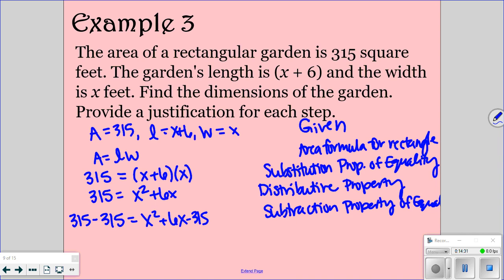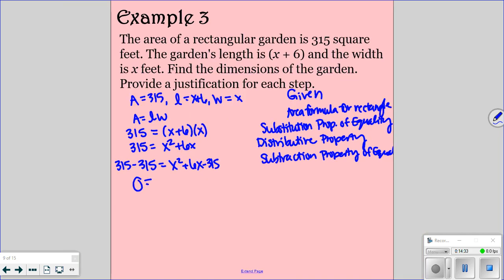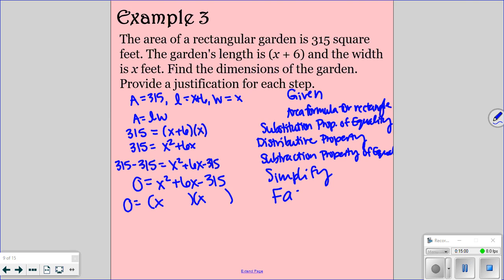And then we can simplify it, and we'll get 0 equals x squared plus 6x minus 315. From there, we want to factor. So what numbers multiply to give you 315 and add or subtract to give you a positive 6? We're going to be factoring here, so your justification is factor.